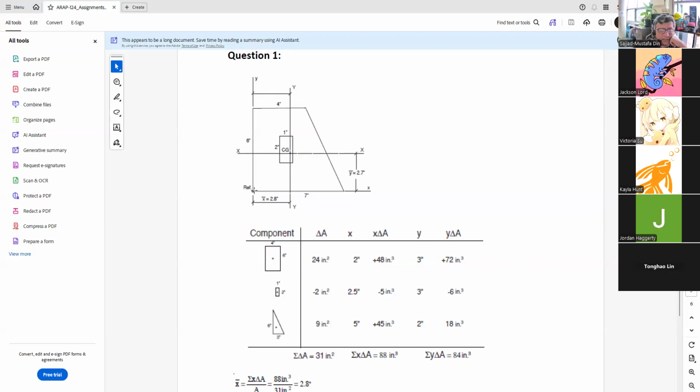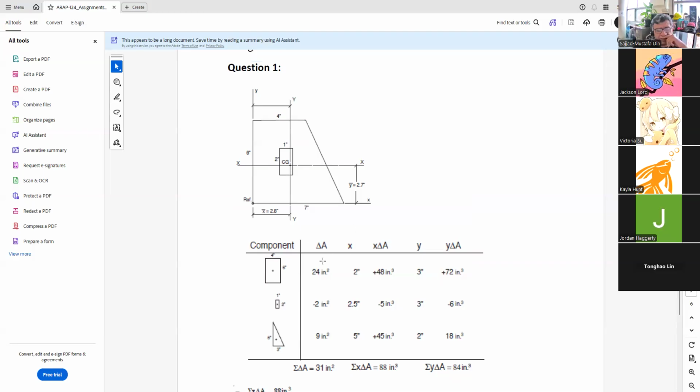So this is 6 inches, and this is 4 inches. So the area is going to be 6 times 4, and there you go, 24 square inches.